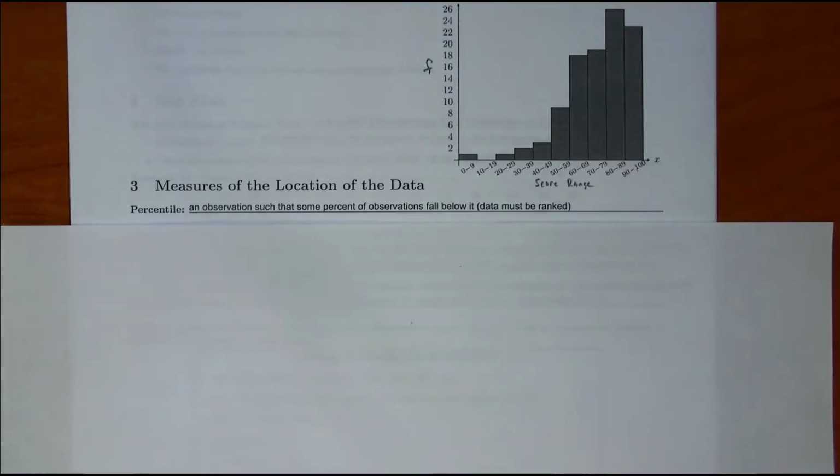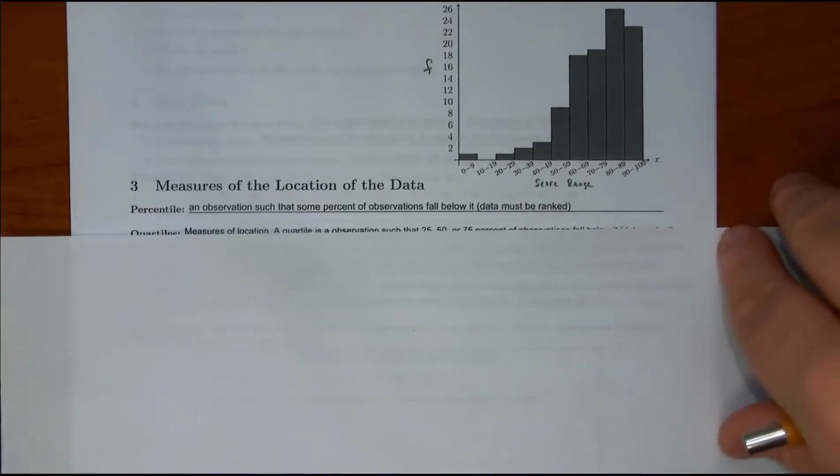If you scored the 90th percentile, that means your test score is better than 90% of the other test scores. So that's what a percentile means. You often see the 90th percentile or the 99th percentile. Those are pretty common ones, and we'll see a couple even more common ones in just a sec.